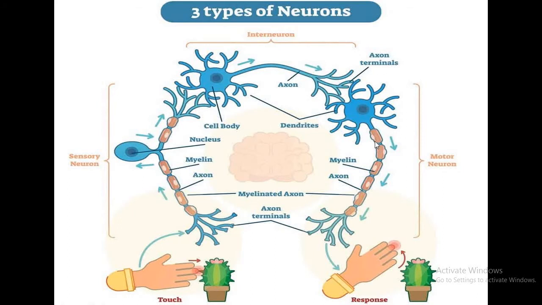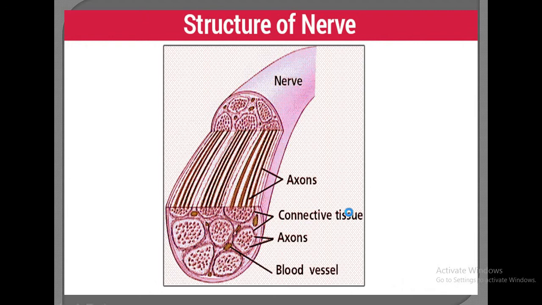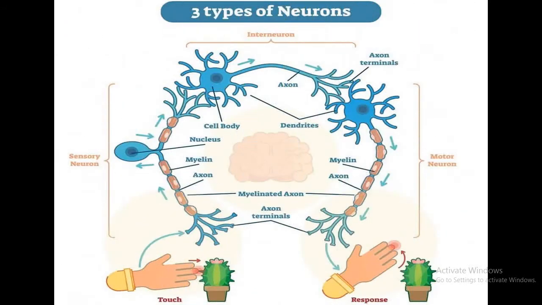These motor neurons will carry the message or the nerve impulse from the brain to the effector organ. This effector organ may be the muscle or the gland.